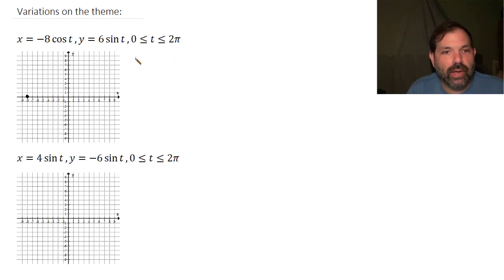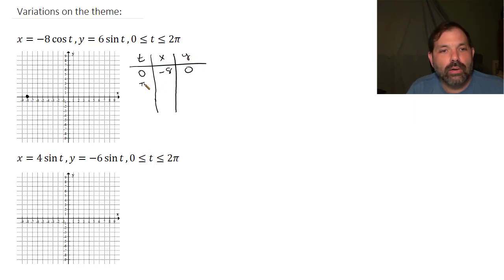Now what have I done so far? I'm doing just a brief chart here. If t equals 0, then I get negative 8, 0. Well, let's jump to pi over 2. If t was pi over 2, the cosine of pi over 2 is 0, and the sine of pi over 2 is 1. So this is going to give me 0, 6.